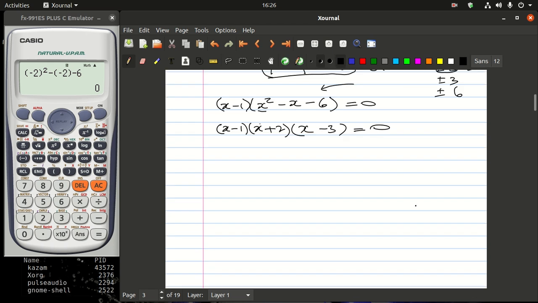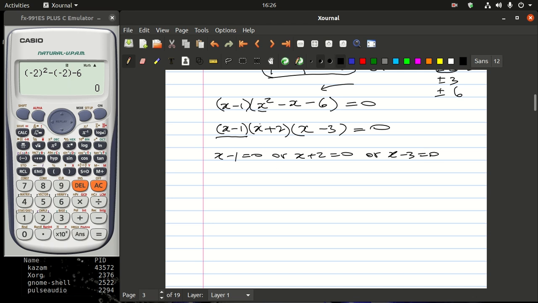Now this will either be equal to 0 if this part is equal to 0, which means x minus 2, because if this is equal to 0, 0 times anything is equal to 0, or x plus 2 is equal to 0, because anything times 0 times something is still going to be 0, or if you have x minus 3 is equal to 0.